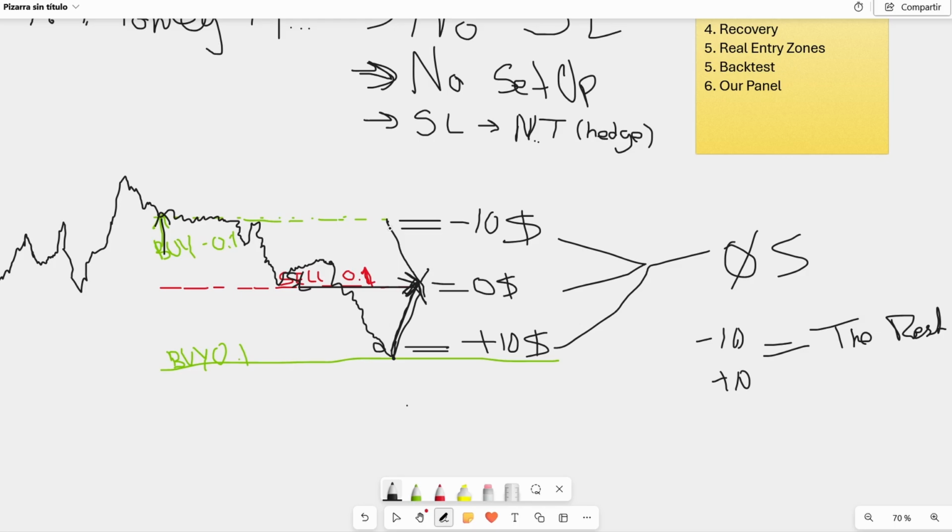Yes, you are correct, but the thing here is that this is the best scenario, and price can keep going down. If price keeps going down, you are going to keep reopening new trades in different places. We're going to see that now. This trade you can also freeze.